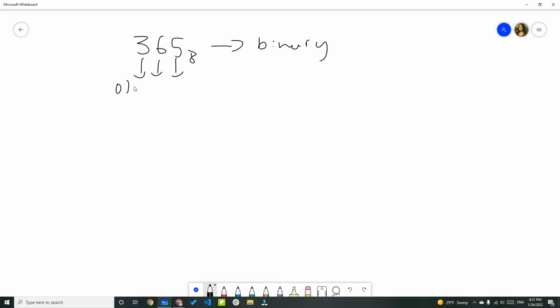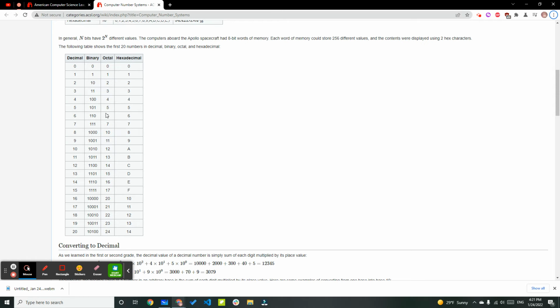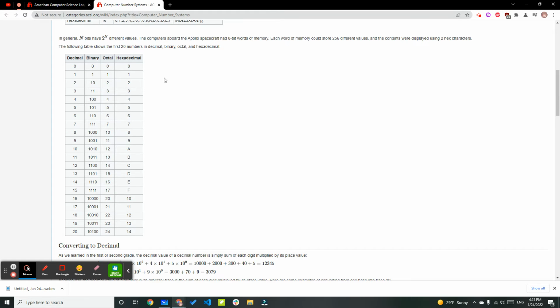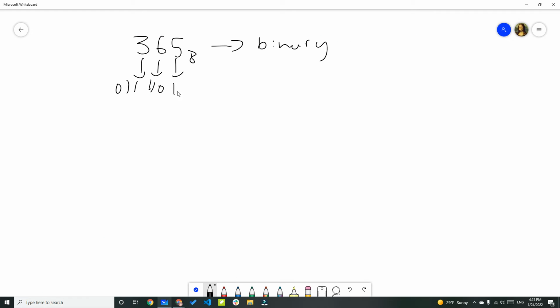So that's 011. And 6 will be 110, and 5 will be 101. Then you put them together. So the answer is 011110101 in binary.